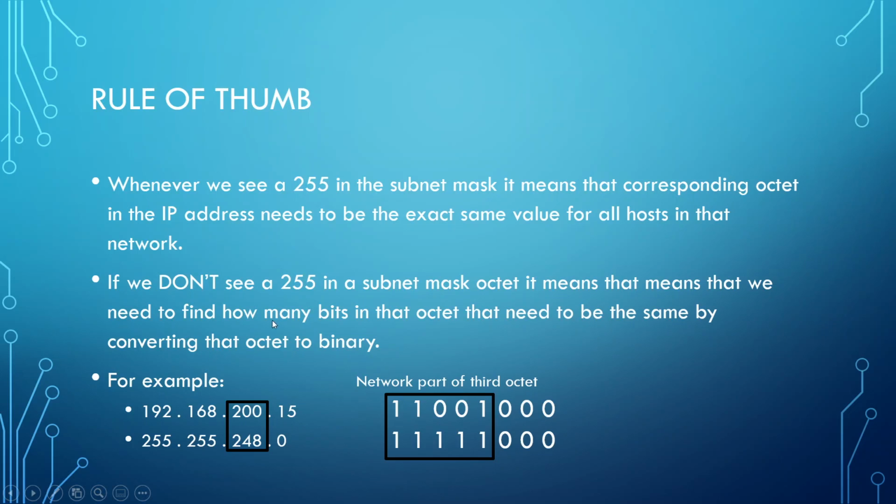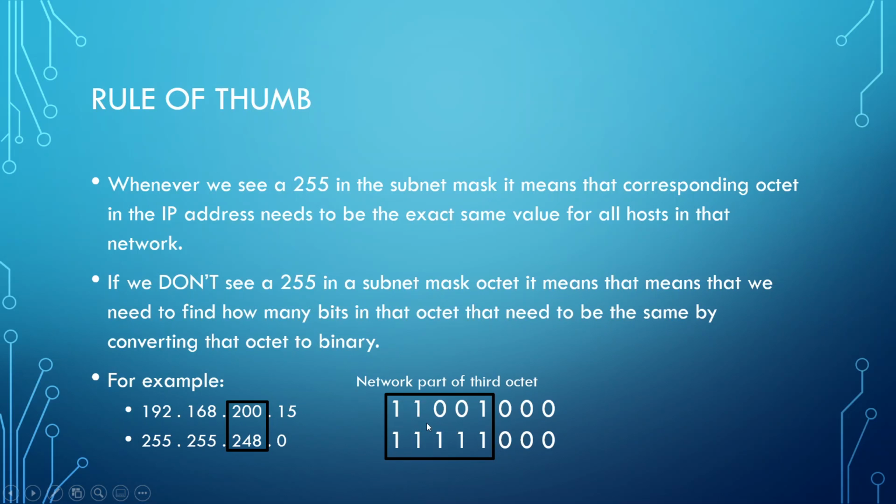As an example, if we were to convert 200 into its binary equivalent, and if we were to convert 248 into its binary equivalent, we know that 248 is made up of 1, 2, 3, 4, 5 bits of consecutive ones.